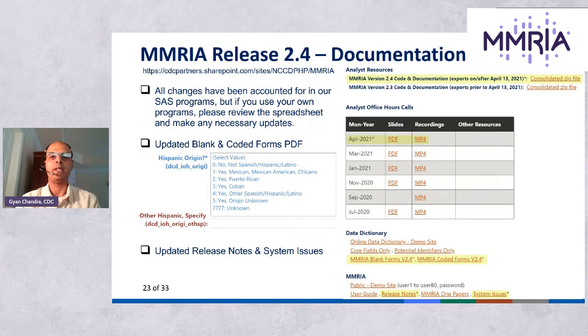In the updated PDF, newly added questions are highlighted in red. Questions that have updated labels or pick list values are highlighted in blue. Finally, MMRIA release notes along with known system issues and workarounds, if any, are available in the MMRIA section of the MMRIA documentation site as well.